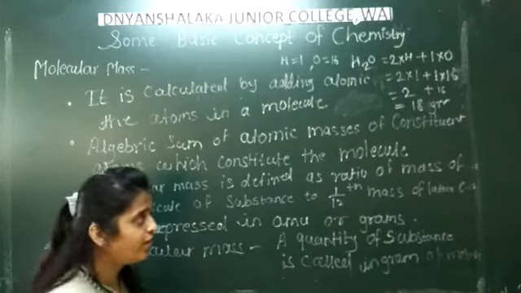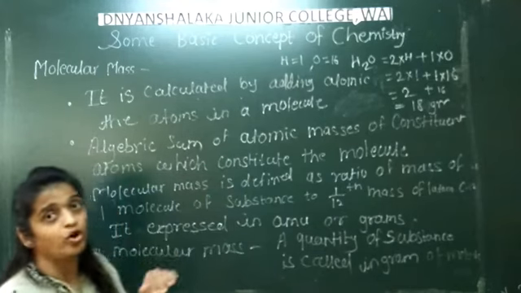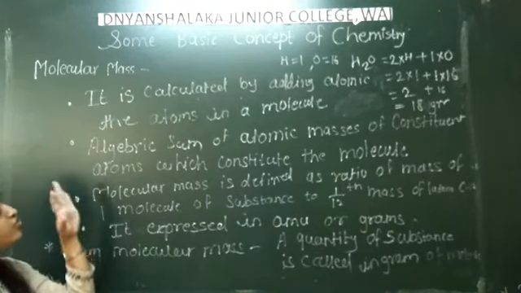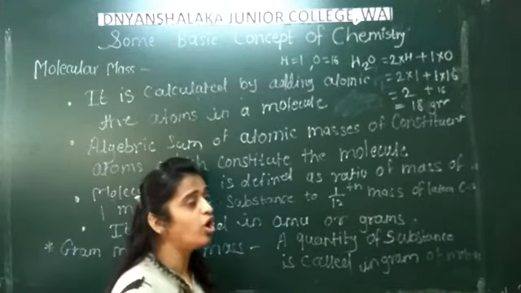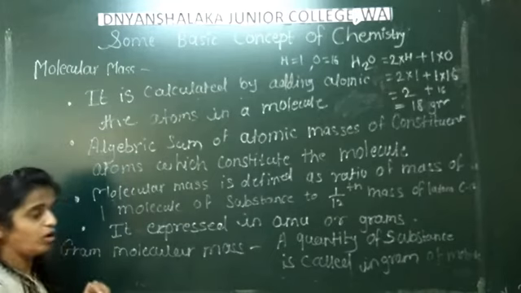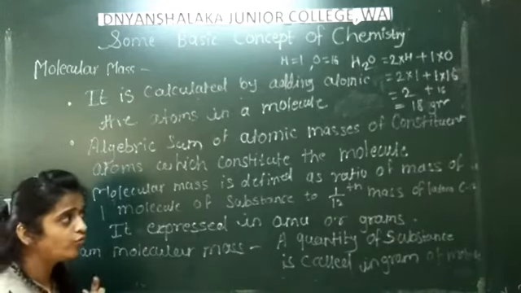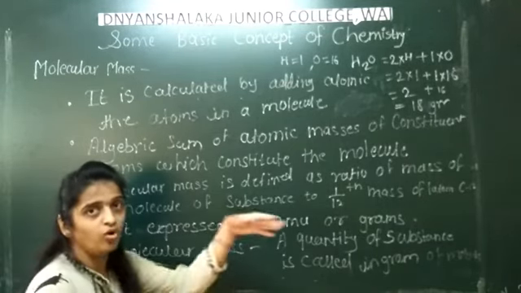Molecular mass is also defined as the ratio of the mass of one molecule of a substance to 1/12 the mass of one atom of carbon-12, that is, with carbon as the standard element. It is expressed in AMU or gram.